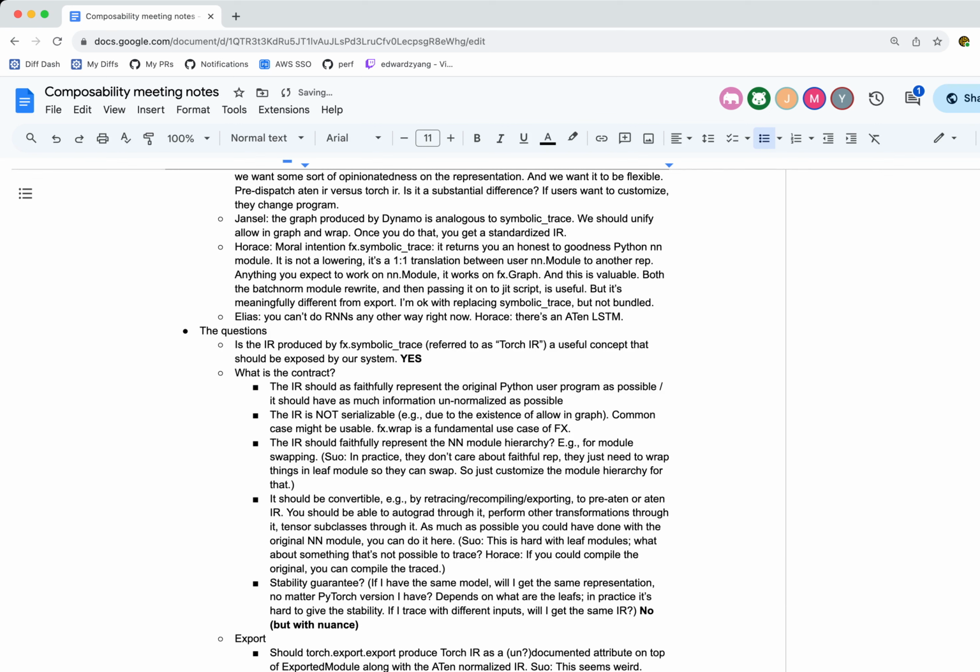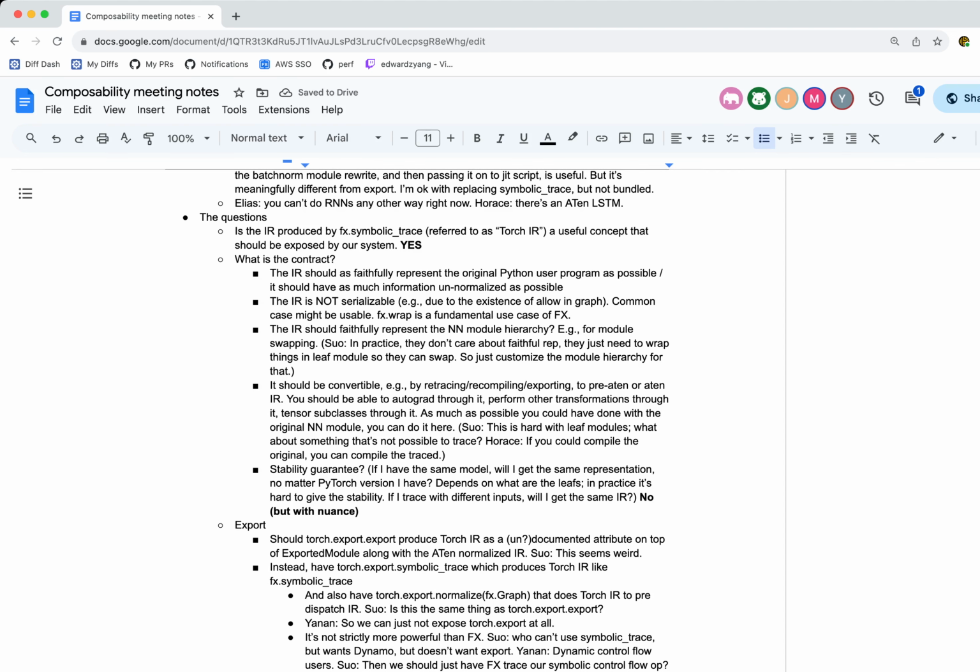So for any dynamic control flow users, they cannot use FX symbolic tracing as it is today. But I think the answer to that is we should just have FX trace our symbolic control flow op, right? That's not that hard. I mean, the use case that started all of this is people wanting to call Inductor, because Inductor, at least today, contains a bunch of torch IR passes at the top of it.